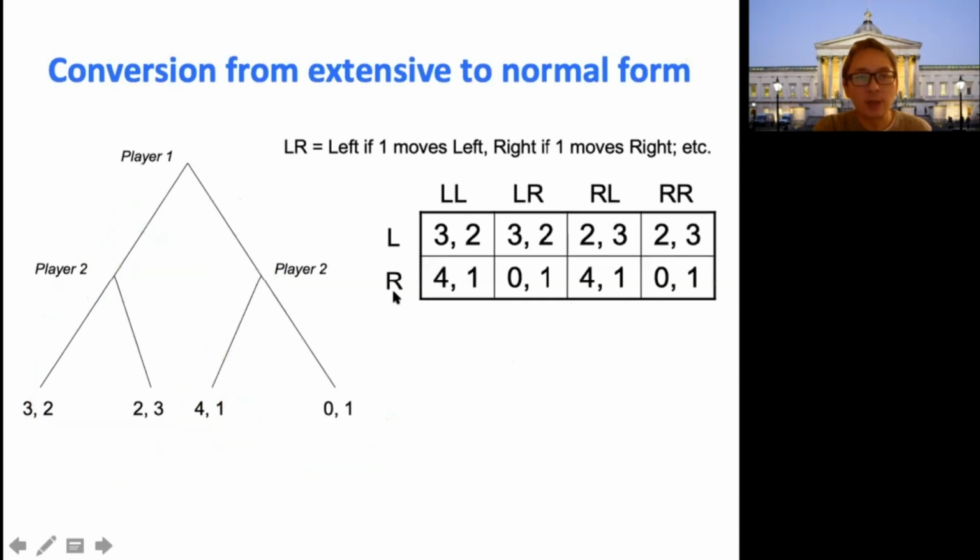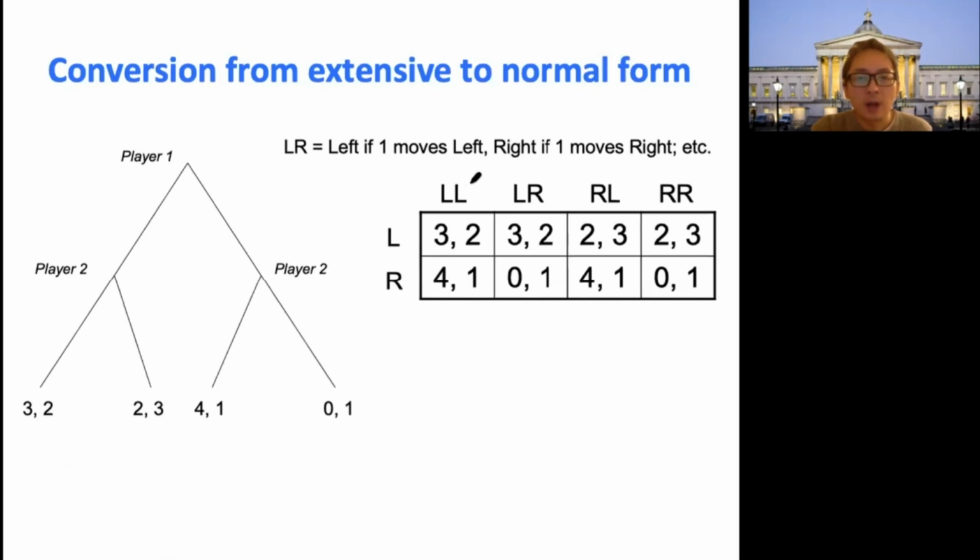So slightly complicated, but you can find a way. So this is the stage game, but you can find a way to expand the extensive form to normal form. So how can I extend it? In fact, player 1 only has 2 pure actions.